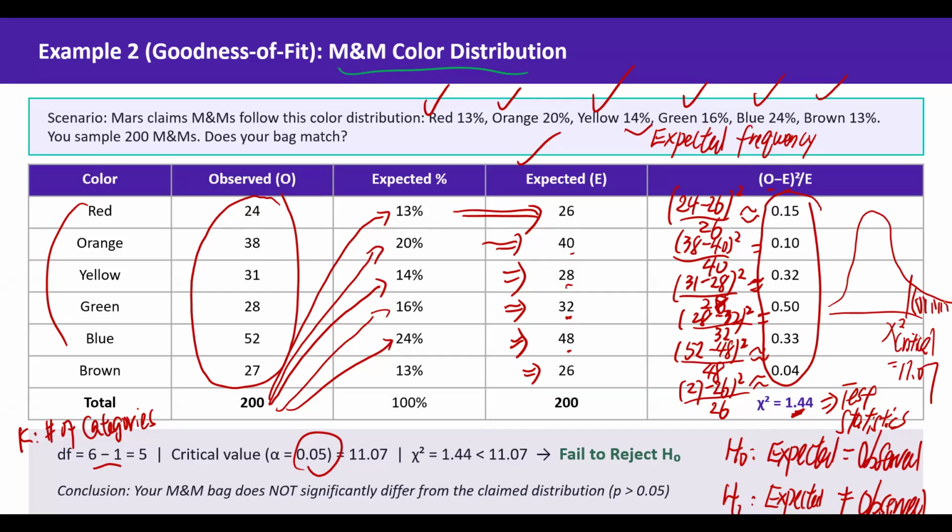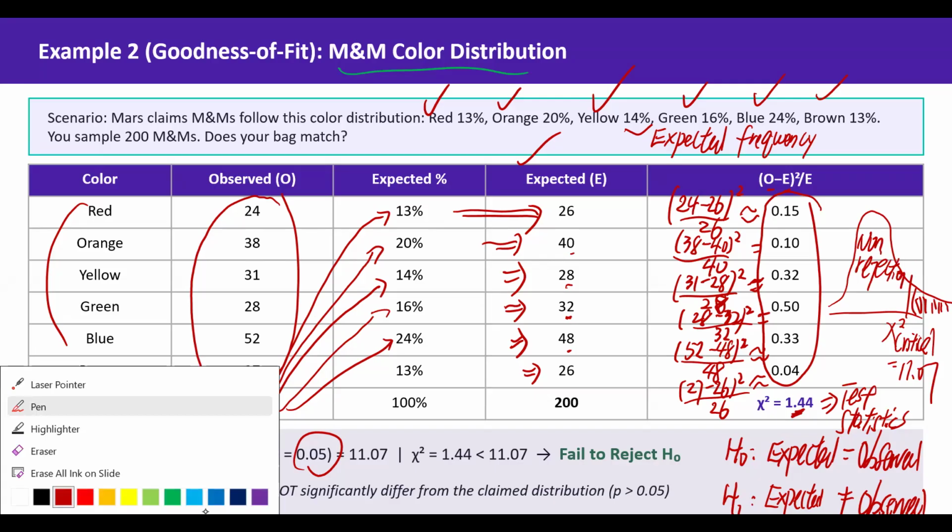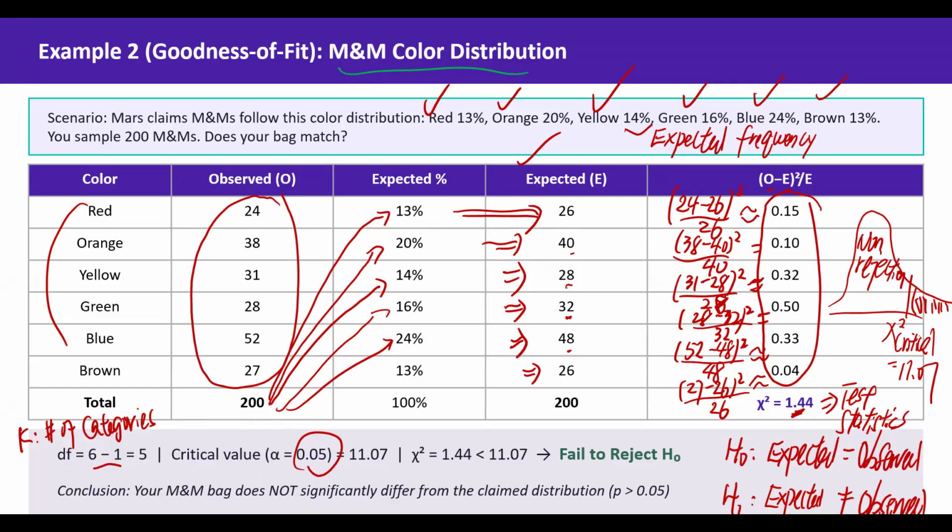And this is the rejection region. This is the non-rejection region. And then the test statistic is actually falling in the non-rejection region here. It actually goes here. And because it is in the non-rejection region, that's why we fail to reject H0.